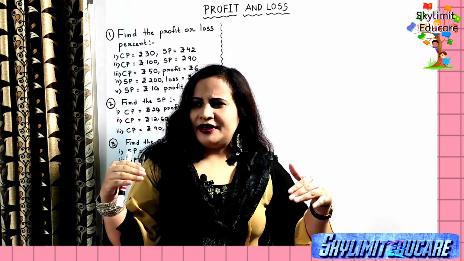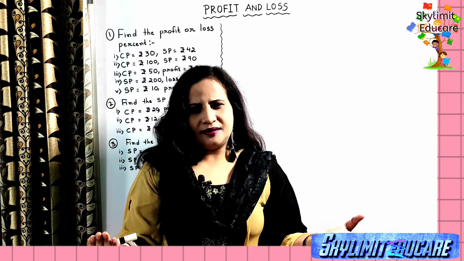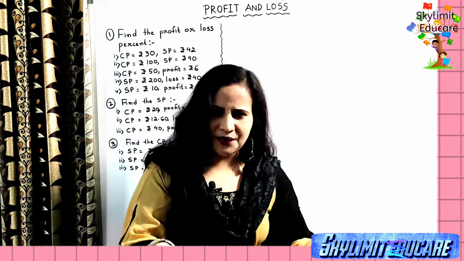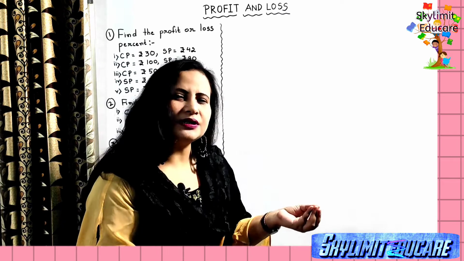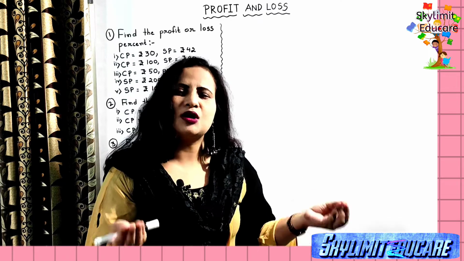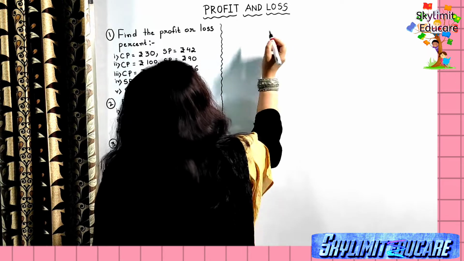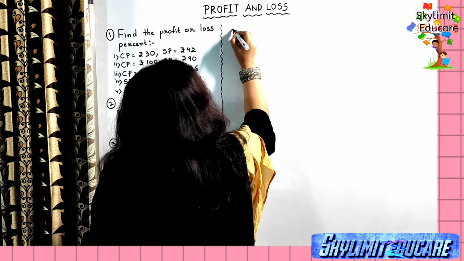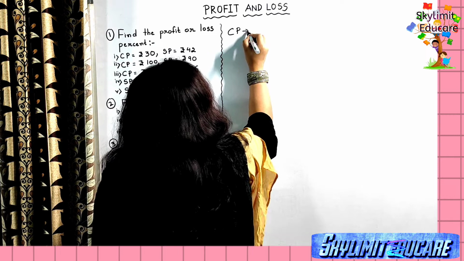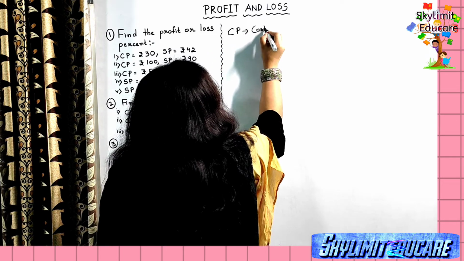When you go to a shop and purchase something, we purchase something at a particular price. That is called the cost price. You must be aware of the terms related to profit and loss, like CP. CP stands for cost price.